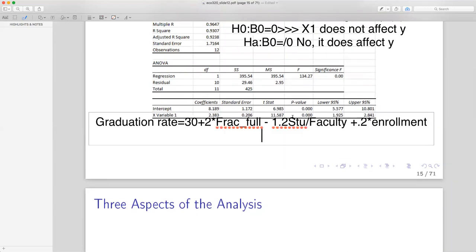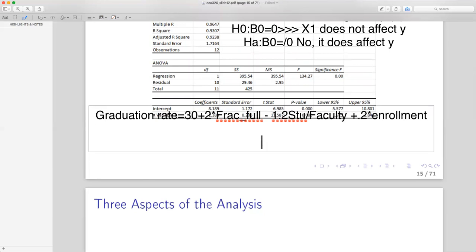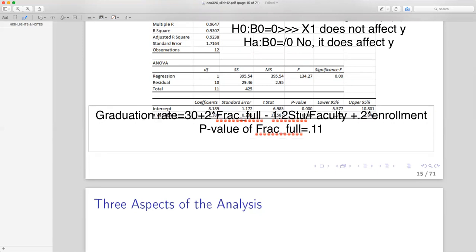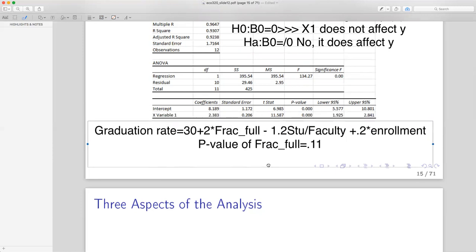Let's say after you do the regression, I get a p-value for fraction of full time equal to 0.11. I'm just making up a number. I'm going to write down everything.